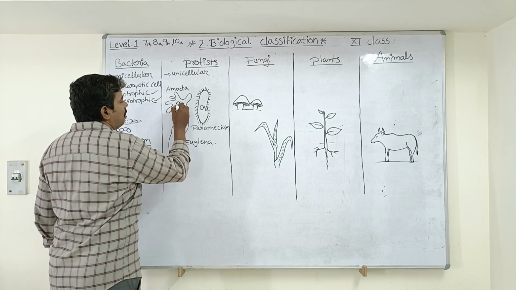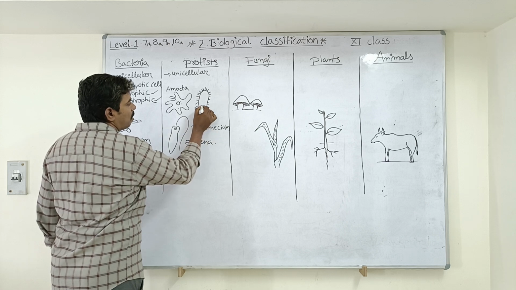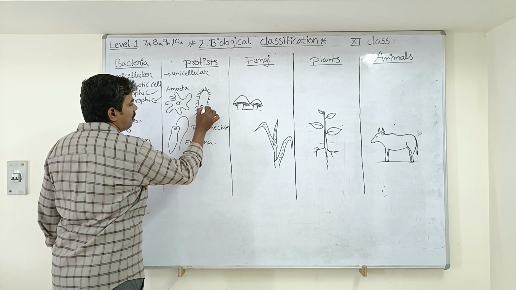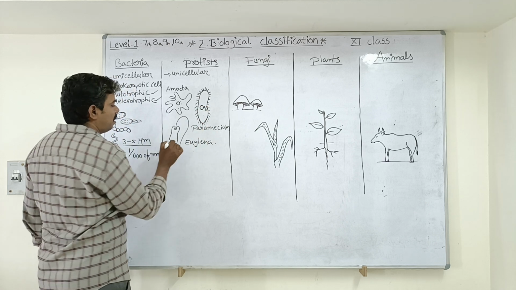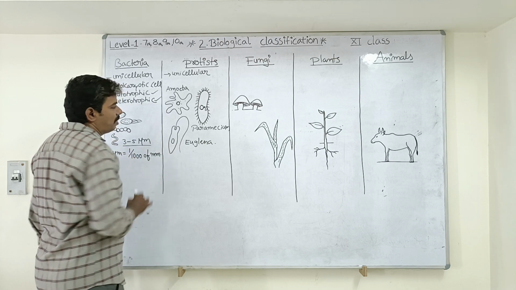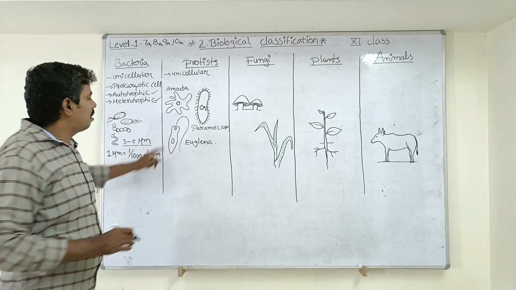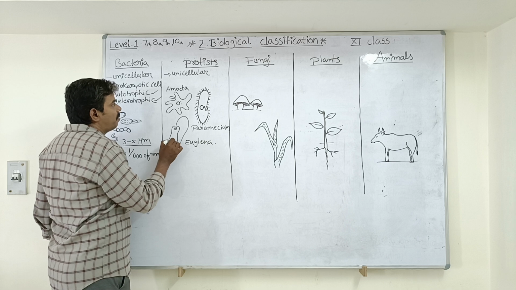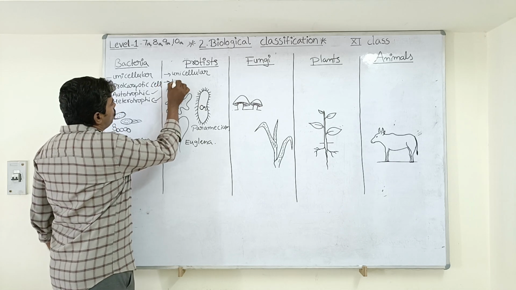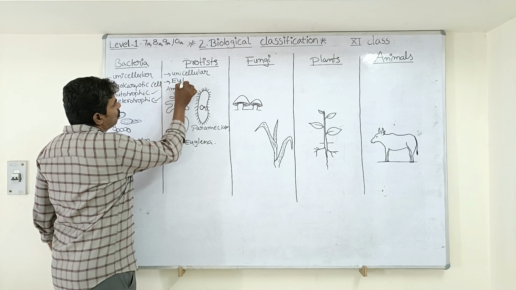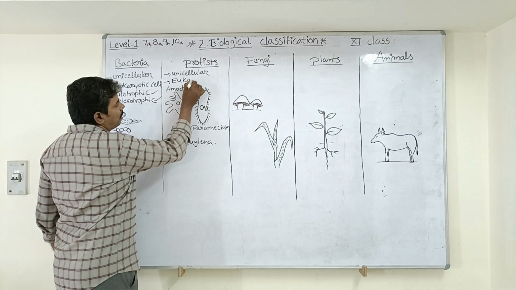In amoeba, a single nucleus is present. In paramecium, one large nucleus and one small nucleus, two nuclei are present. In euglena, there is a nucleus. So all these organisms have a well-defined nucleus. That's why they are eukaryotes. Eu means good, karyon means nucleus. Eukaryotes.